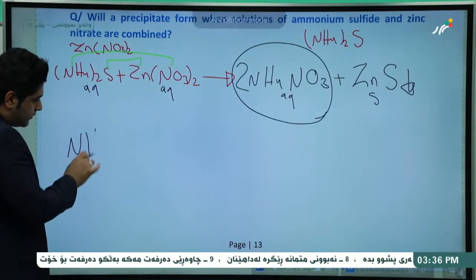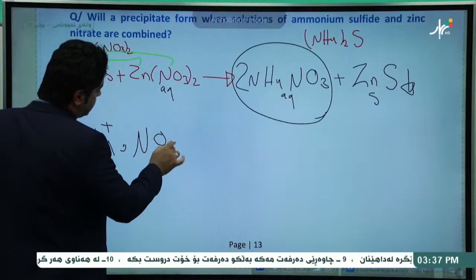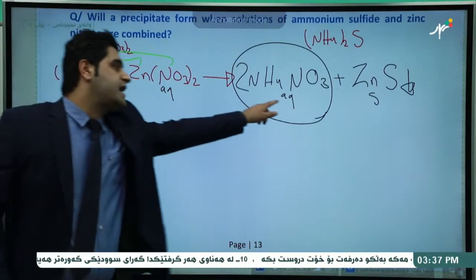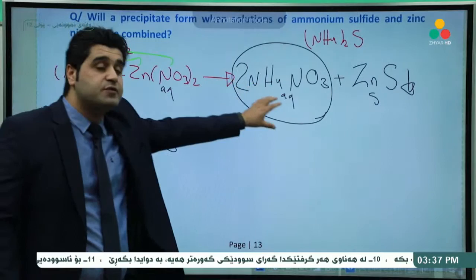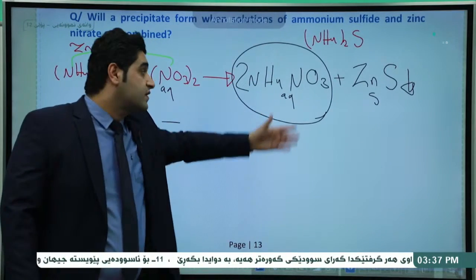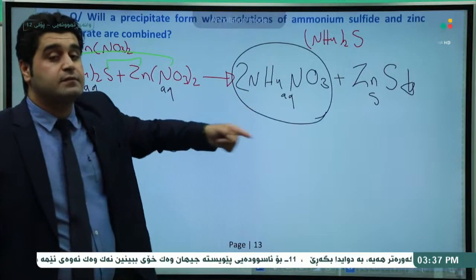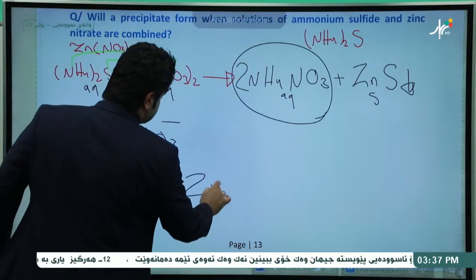NH4 and NO3 are spectator ions. Okay, as I told you, the aqueous salt will be the spectator ions. The ions of the aqueous salt become the spectator ions. Then the solid becomes the net ionic equation, ZnS.